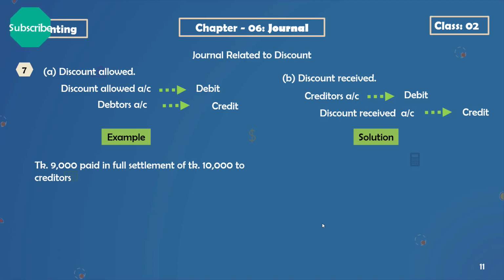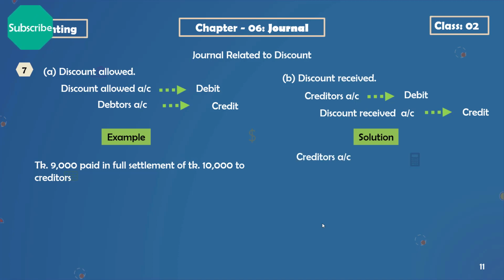So in this transaction, your creditors must be debited by Taka 10,000, because your debt was Taka 10,000, but you paid Taka 9,000. So cash must be credited by 9,000, and the difference is your discount. So discount must be credited, because you are actually receiving the discount.